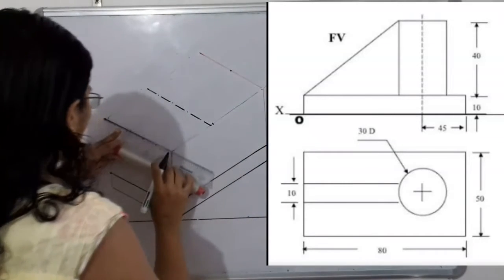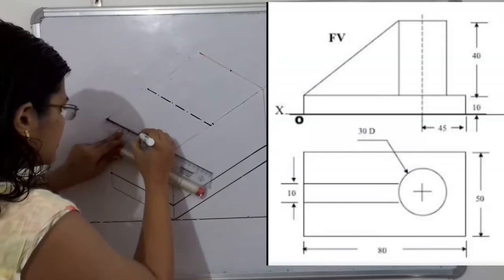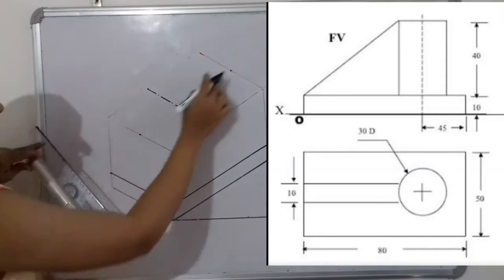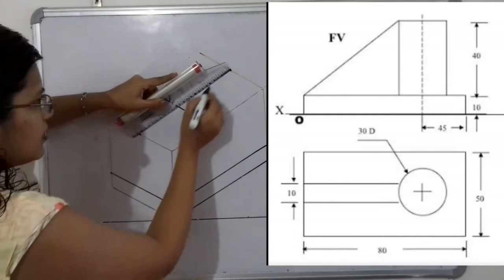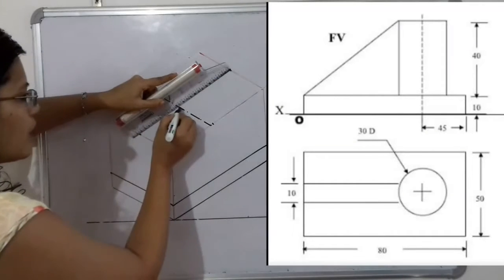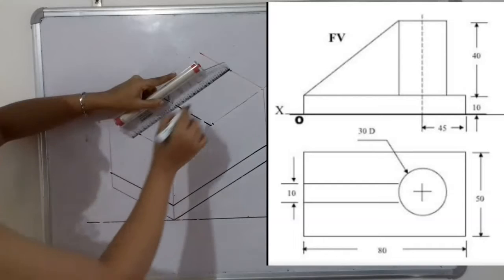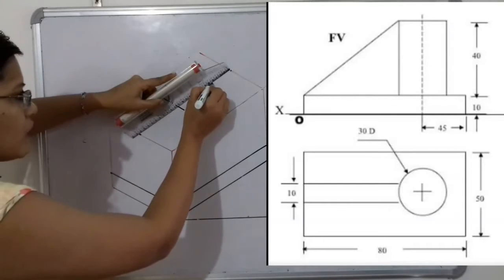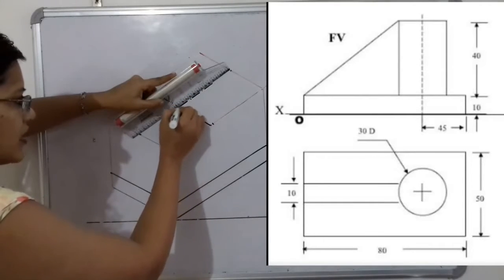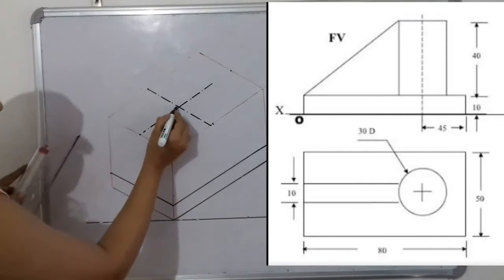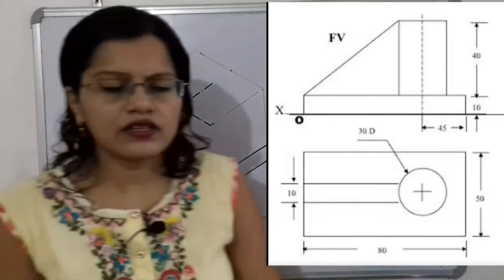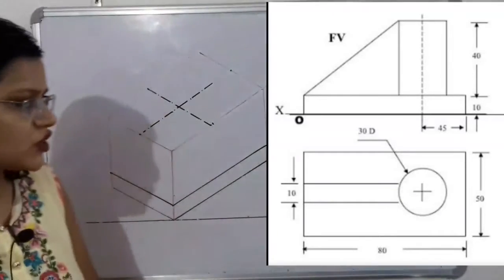And here also we have to select 75 millimeter. So these two are the middle points. Now we have to join these 2 points. If we join these 2 points, we will get the location of center. So again we have to draw this in the form of dash and dot. So now this is the center for that circular structure.